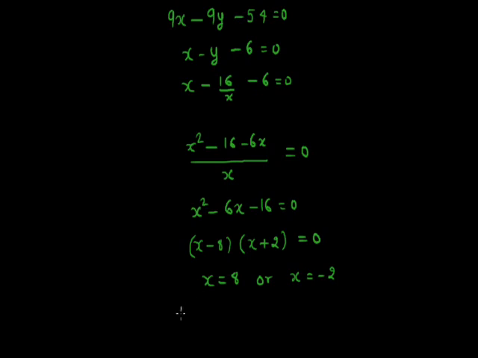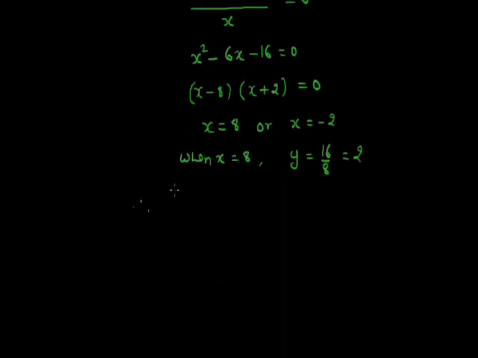So when x equal to 8, then y is equal to 16 by 8, equal to 2. Therefore the number is 10x, x is 8, plus 2, so this is equal to 82.